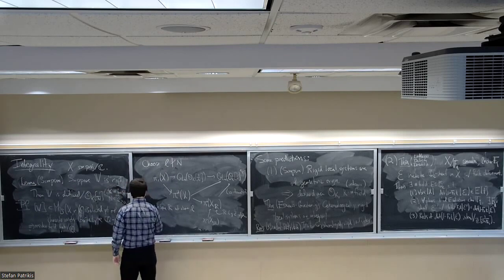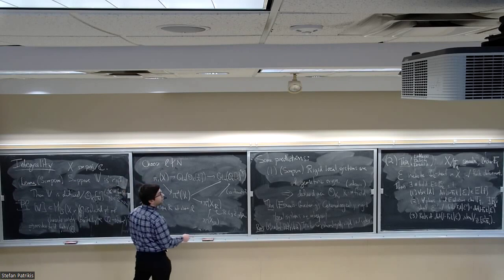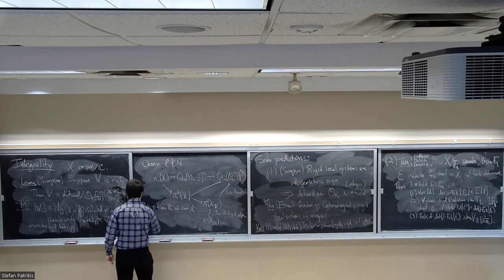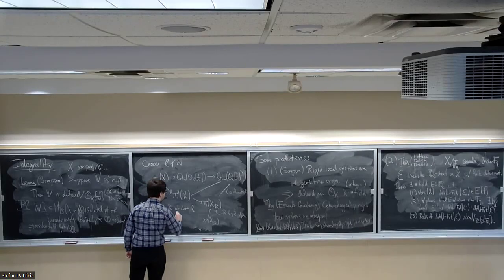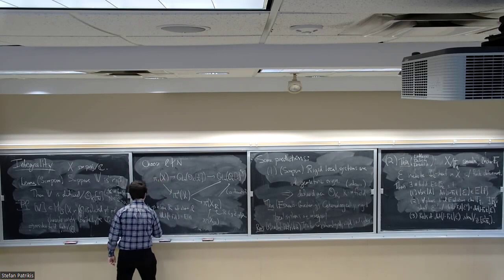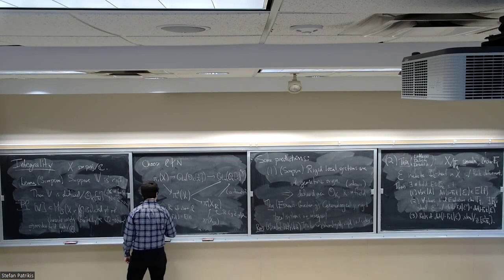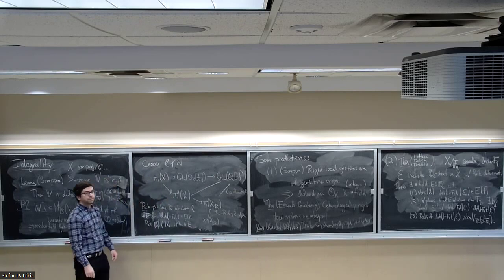So now let's pick a place. There's a number field E such that the Frobenius traces, these characteristic polynomials, live in E[T], and let's pick a place lambda of E dividing l', which divides n.